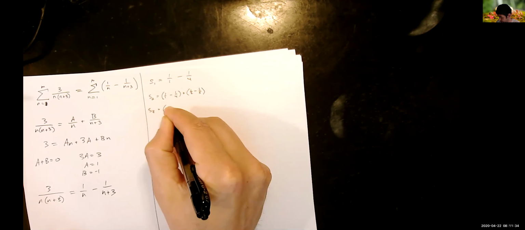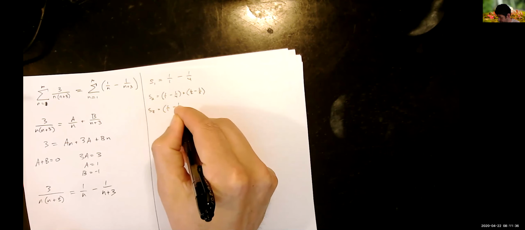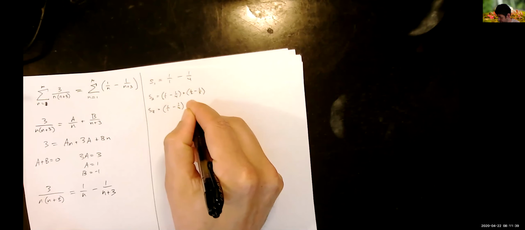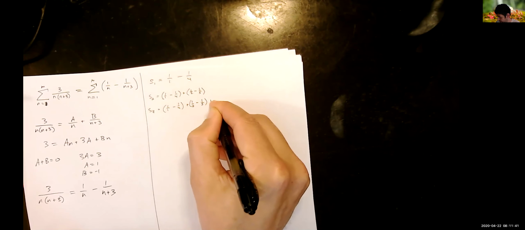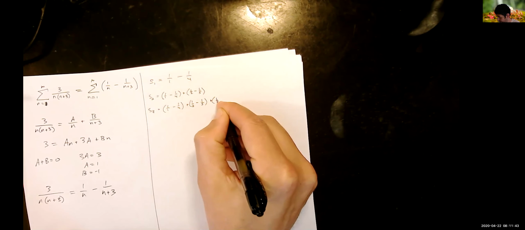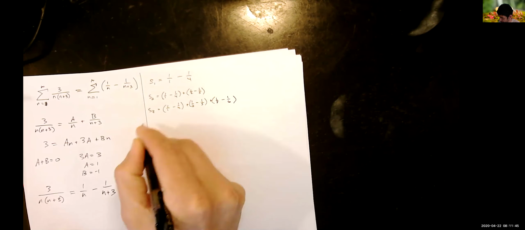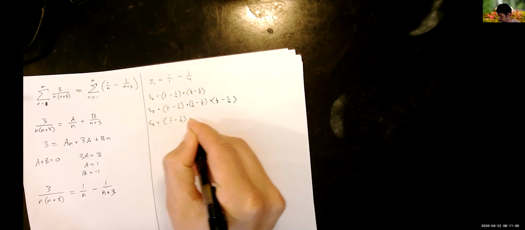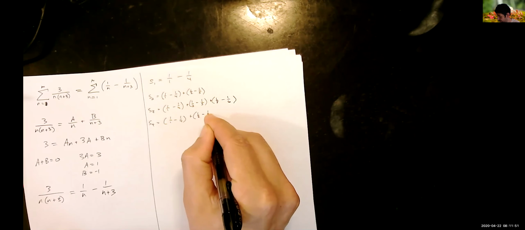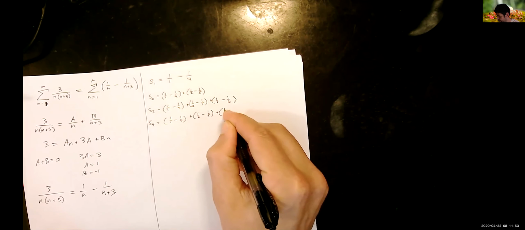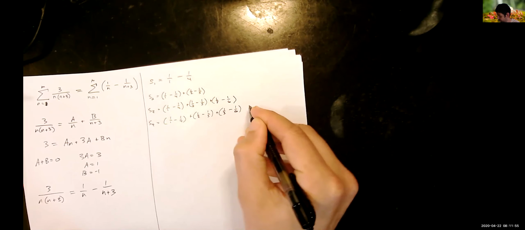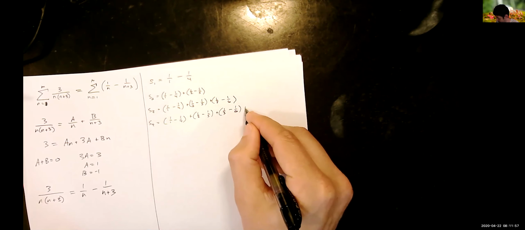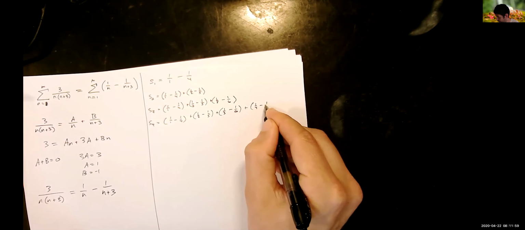S3 is going to be 1 over 1 minus 1 over 4 plus 1 over 2 minus 1 over 5 plus 1 over 3 minus 1 over 6. Let's do a couple more. 1 over 1 minus 1 over 4 plus 1 over 2 minus 1 over 5 plus 1 over 3 minus 1 over 6, plus 1 over 4 minus 1 over 7.